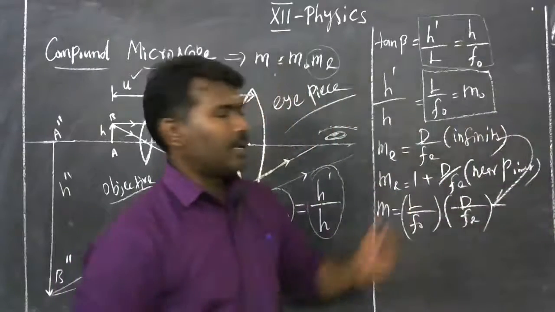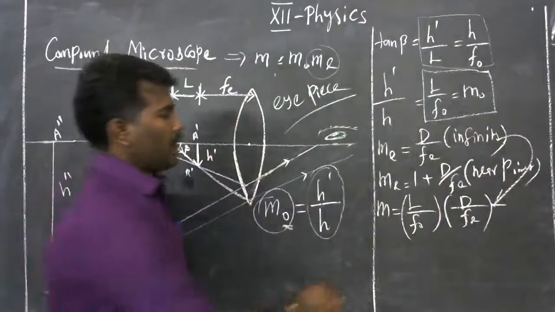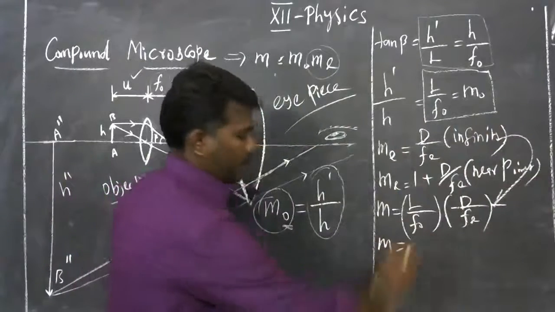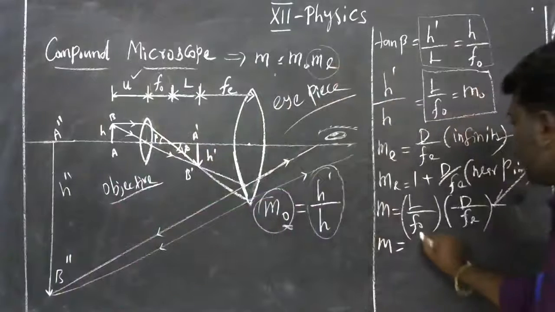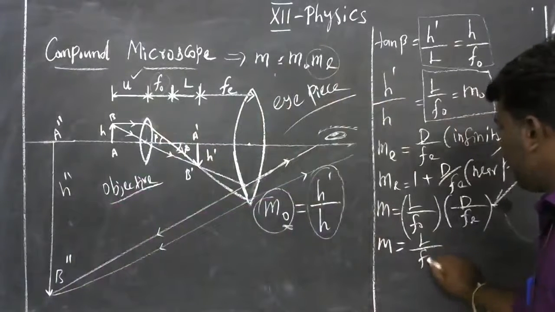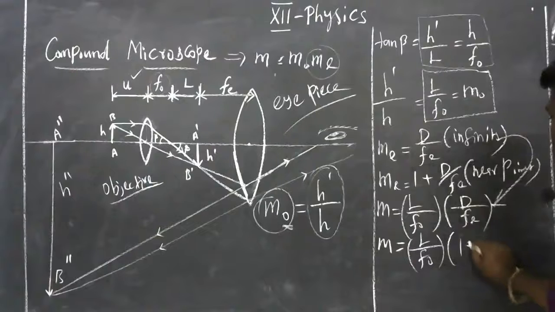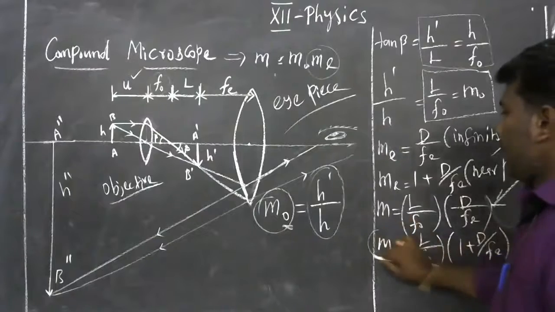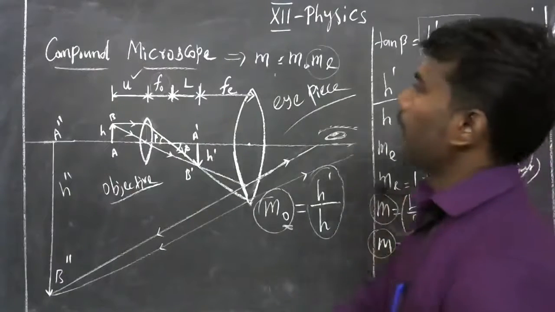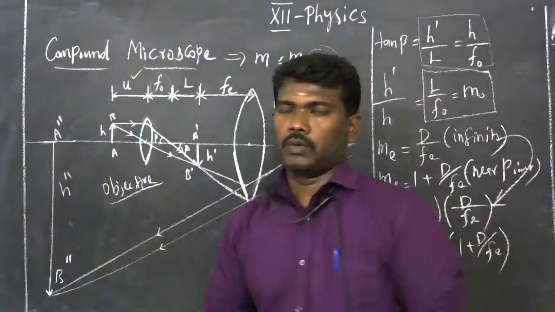If the image is formed at the near point, the formula for the magnification of the compound microscope is, M is equal to L divided by F naught and 1 plus D divided by Fe. Okay, so this is the magnification formula for the compound microscope.